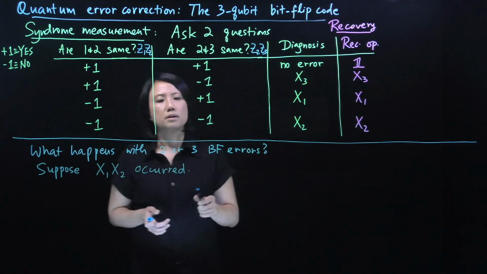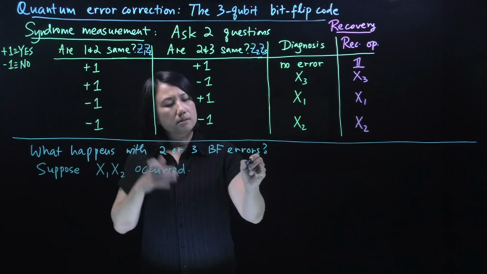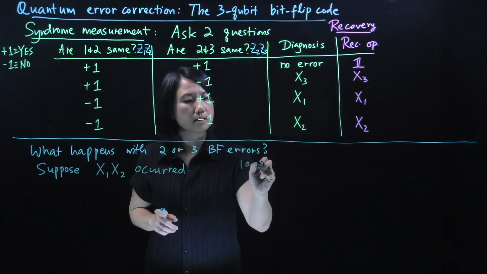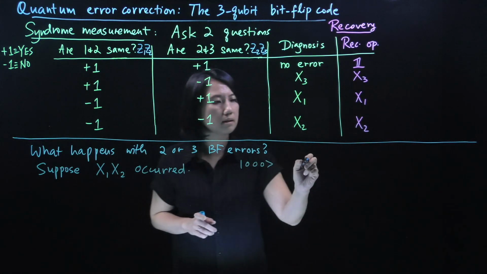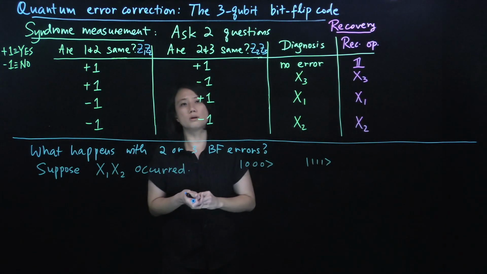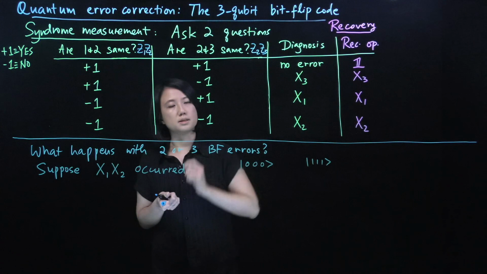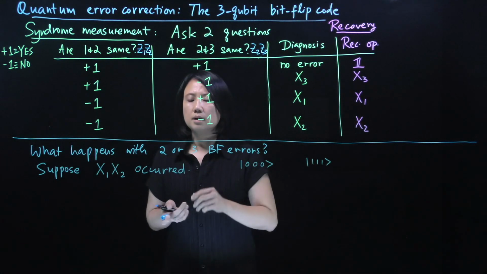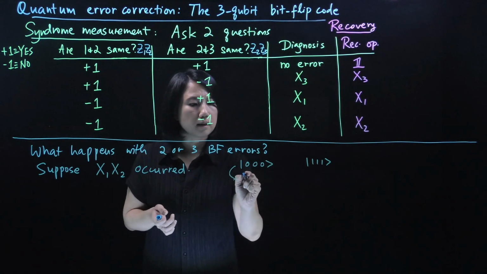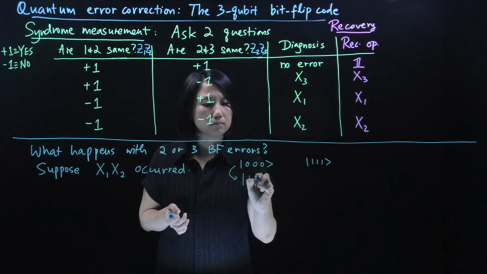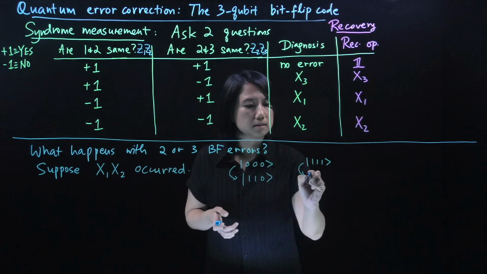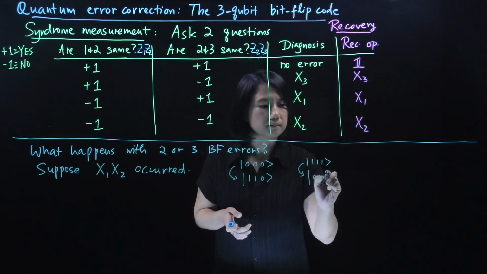Now remember my 0L and 1L states: my 0L state is 0, 0, 0, and my 1L state is 1, 1, 1. My general logical state is some linear combination of these two. If x1 and x2 occurred, the 0L state becomes the state 1, 1, 0, and the 1L state becomes the state 0, 0, 1.